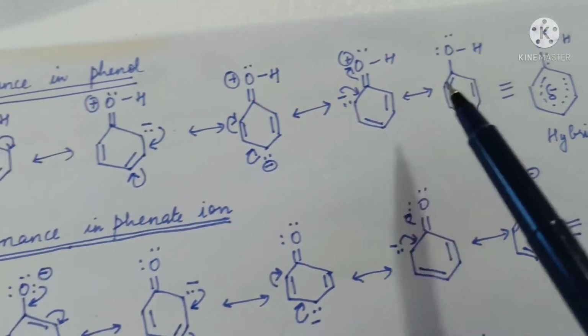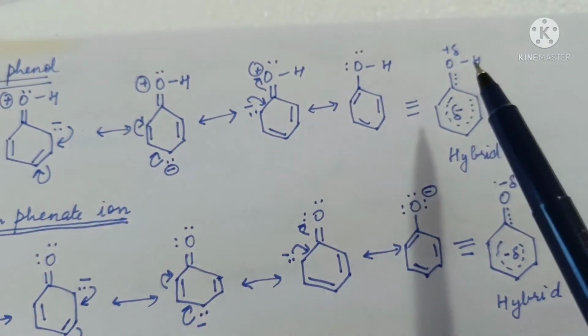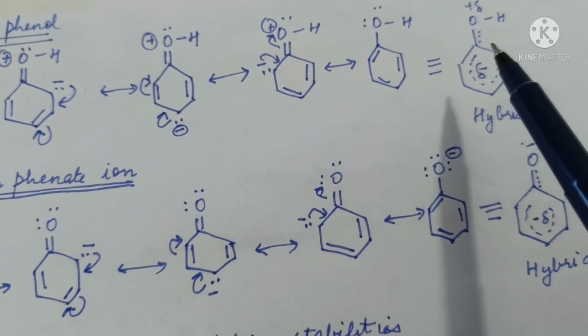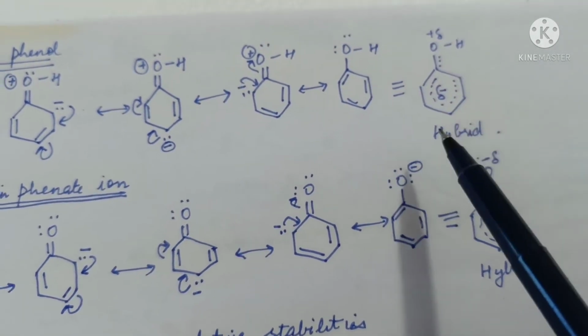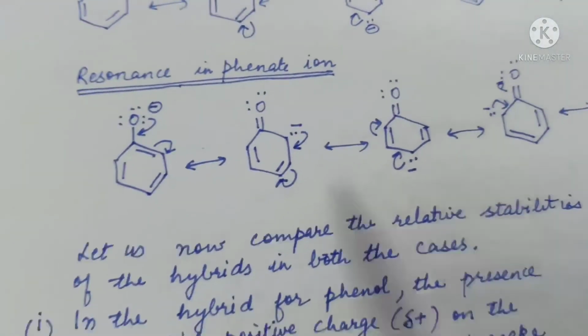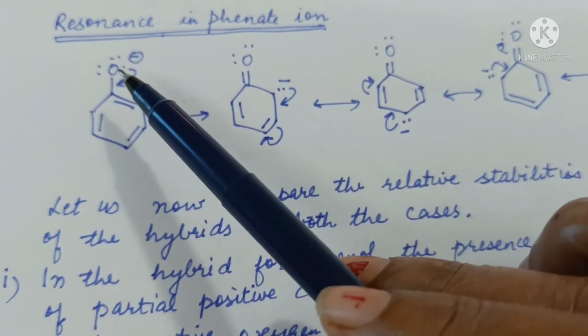So overall, the 5 structures can be represented by the resonance hybrid, where there's a partial positive charge on the oxygen atom and the negative charge moves on the benzene ring. In case of phenoxide, the negative charge resides on the oxygen atom.